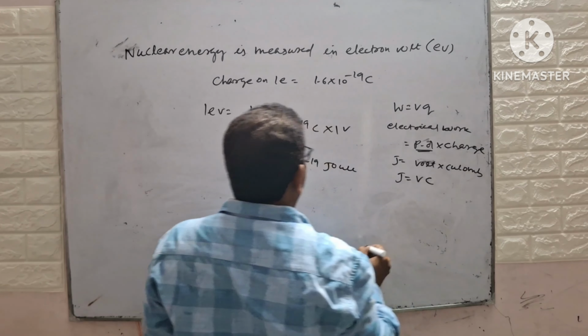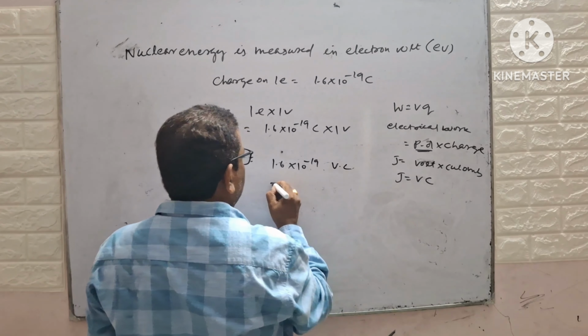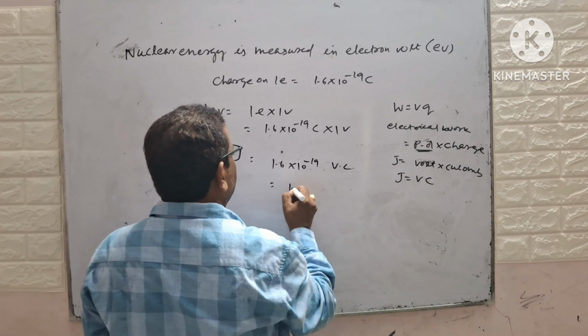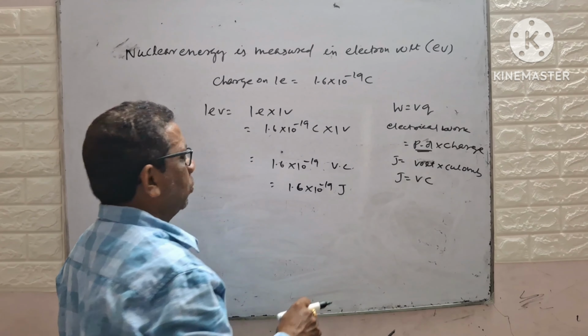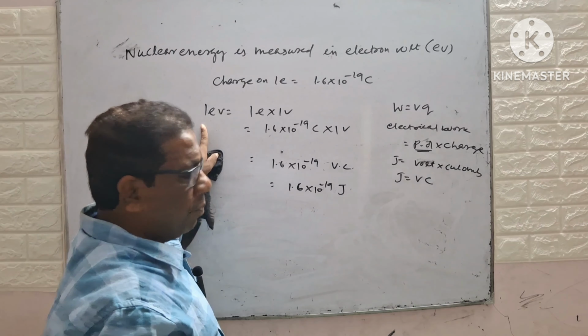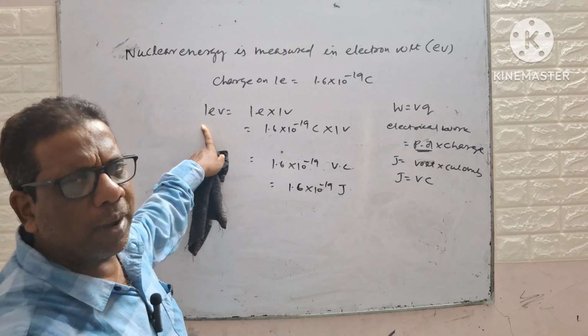So 1 eV equal to 1.6 into 10 to the power minus 19 joule.